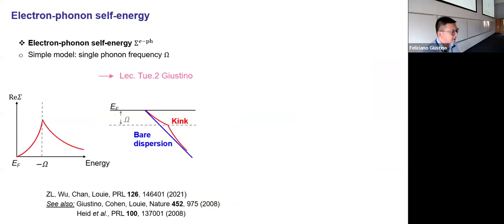And the physics is pretty straightforward, and can be captured by the electron-phonon self-energy. If you consider a single phonon mode with constant frequency, that will give you a peak behavior in the real part of the electron-phonon self-energy. So if you add that self-energy to the original linear bare band, it looks like a kink. So that pretty much explains this behavior with a general electron-boson coupling.